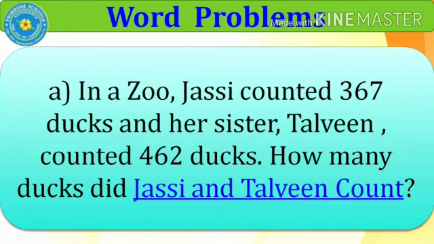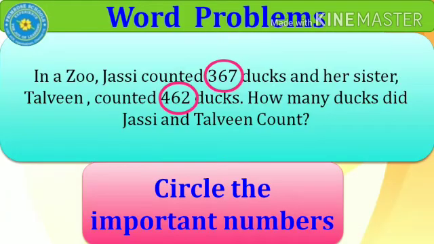4A. In a zoo, Jessie counted 367 ducks and her sister Talveen counted 462 ducks. How many ducks did Jessie and Talveen count? Let us solve this problem using the given steps. Step 1.